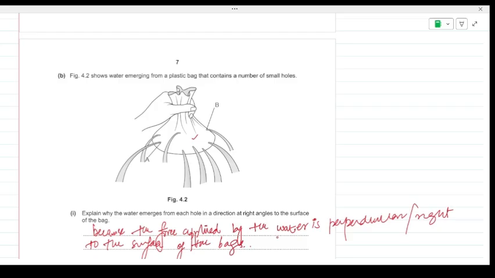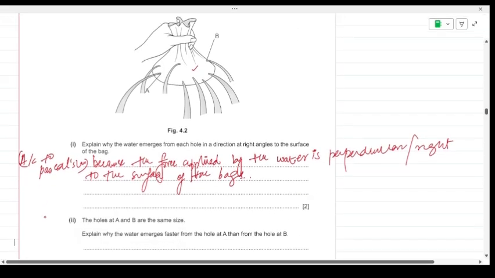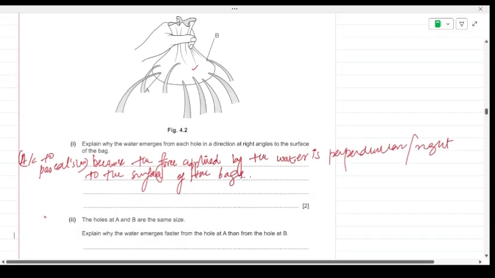You can also write, according to Pascal's law, the pressure is transmitted equally in all directions. Moving on. The holes of A and B are of the same size.